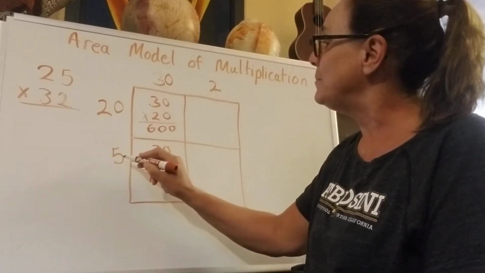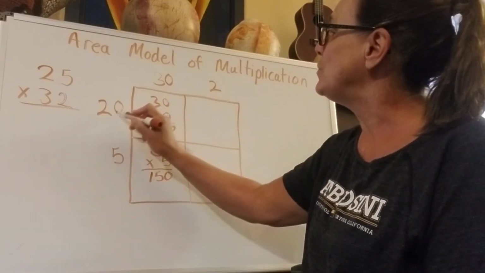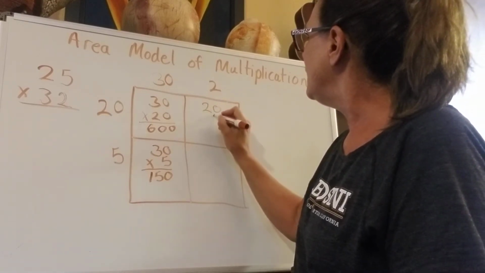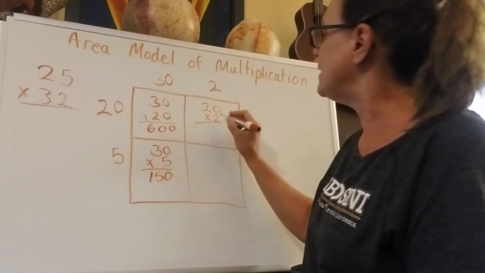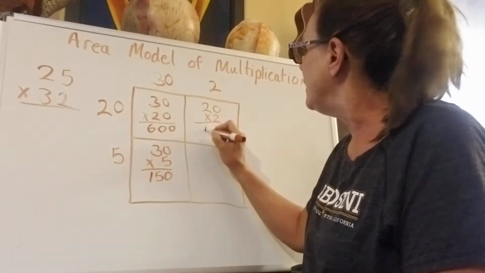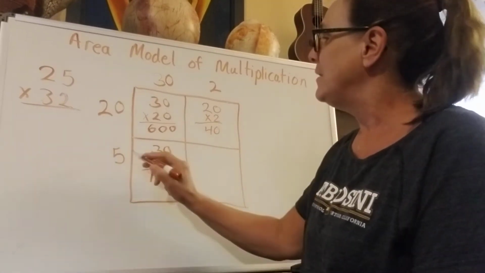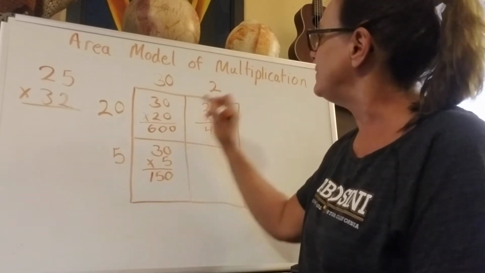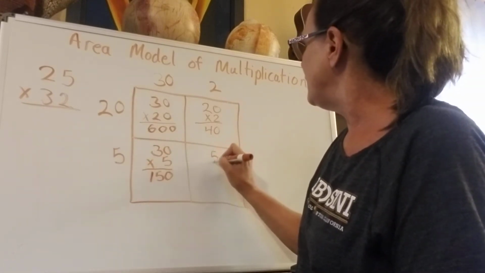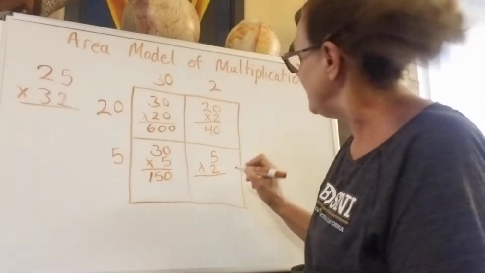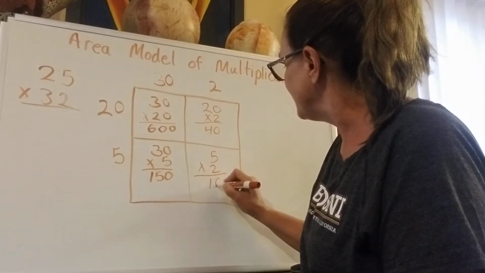The next step is we're going to multiply 20 times 2. And again, we just say 2 times 2 is 4, and we add our 0 in because we have to keep our place value. And finally, 5 times 2, or 5 two times, you can say it that way, equals 10.